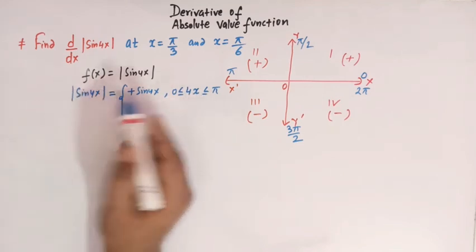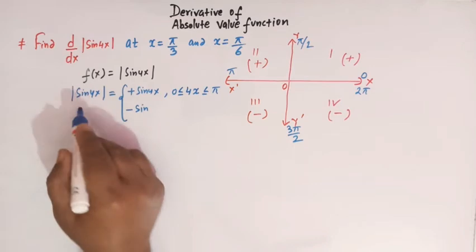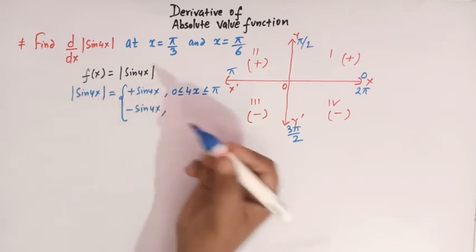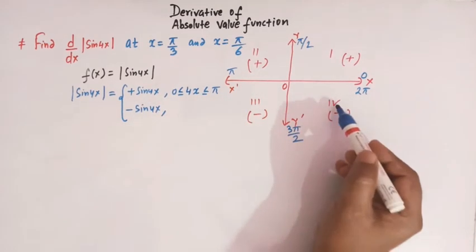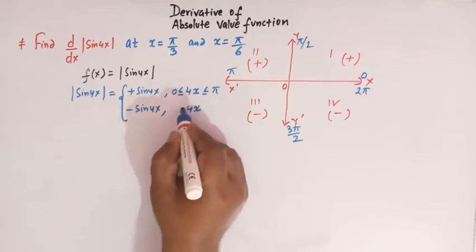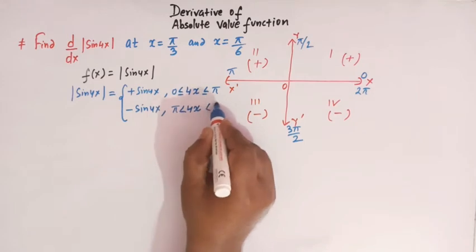And mod of sin 4x has a negative value here, that is, mod of sin 4x is negative of sin 4x whenever this angle 4x lies in the third and fourth quadrant. It means 4x is lying between pi and 2 pi.